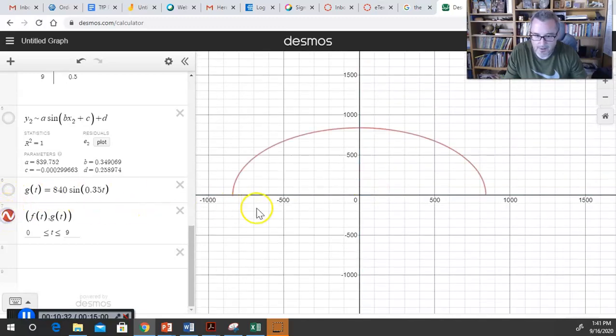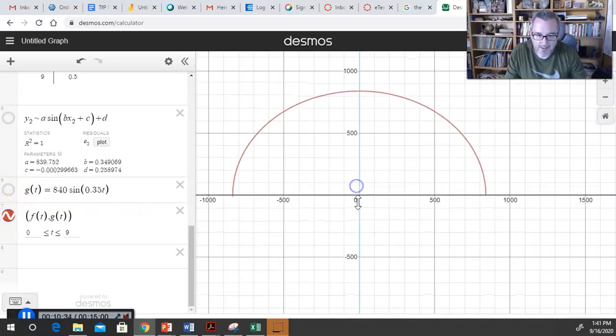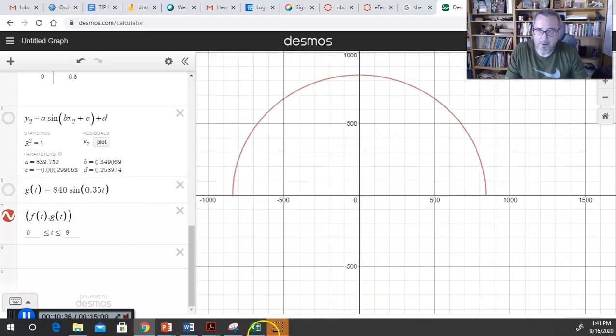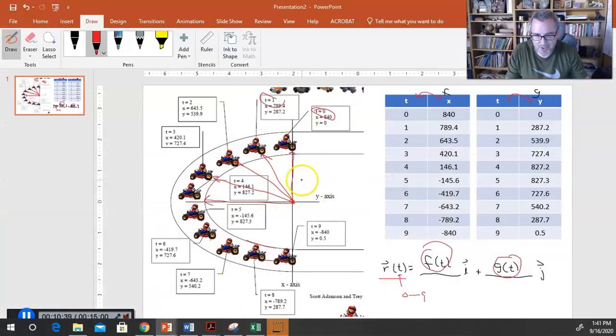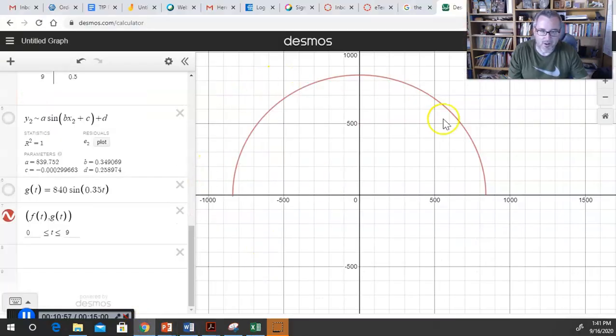Aha! There it is. Now remember in my PowerPoint, maybe I was just trying to mess with students: coordinate systems are somewhat arbitrary. We have a convention that we do it a certain way, but maybe I was trying to break the mold a little bit. So I have the y-axis and the x-axis kind of flipped. My semicircle's on its side in this view, but in Desmos it looks more normal, x-axis, y-axis, and so there's your semicircle.